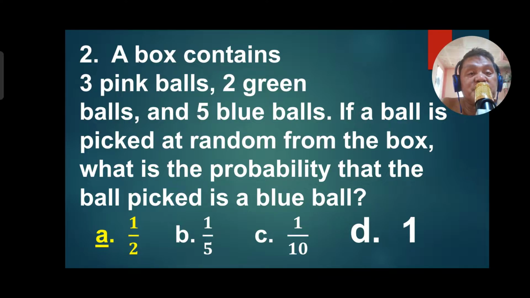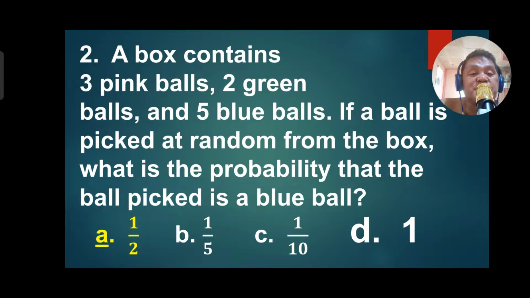So how many balls are there? We have 3 plus 2 plus 5 is equal to 10. So we have 5 over 10 is equal to 1/2.